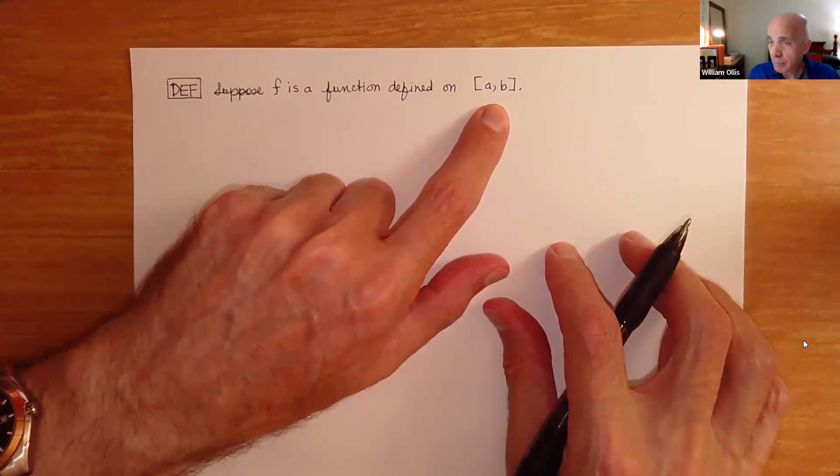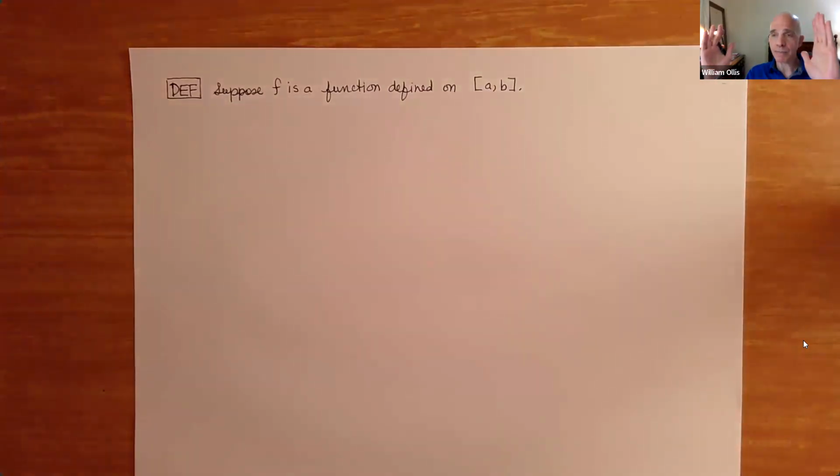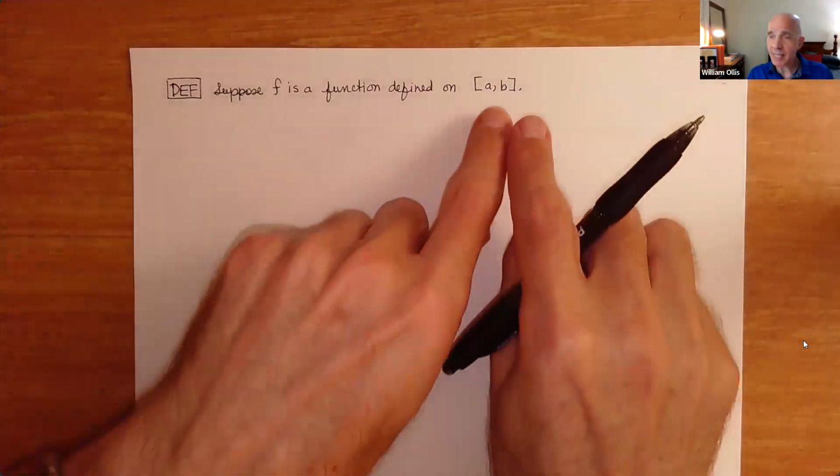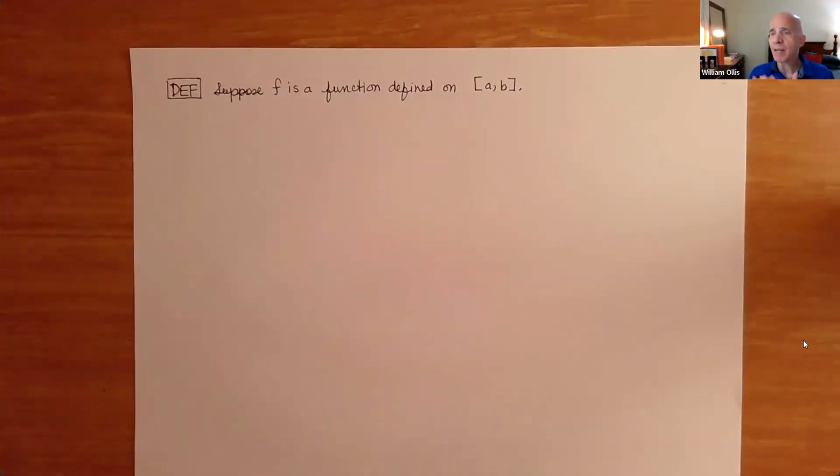So not only are A and B in the domain, all the points in between are also in the domain. So we say this set is in the domain of f. Again, we always make that tacit assumption that we have enough points to do some work with the function. We've got to live in the domain and work.